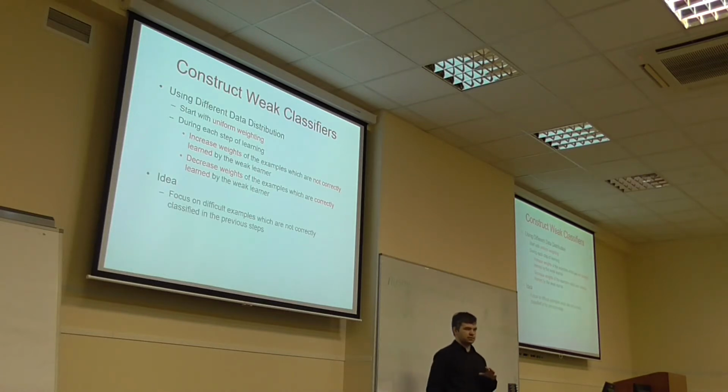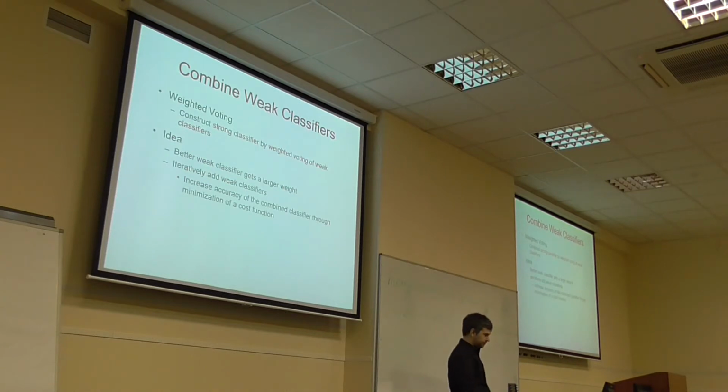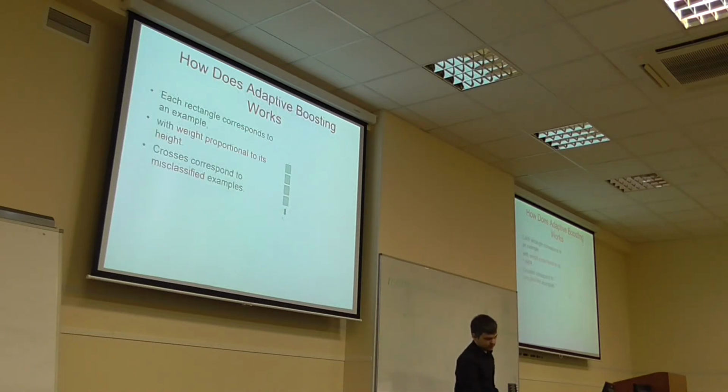But we need good diversity, so we focus on those that are complicated. We combine all the classifiers into one. The better classifiers get a larger weight, and then they just work together.